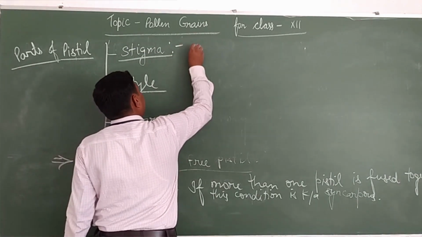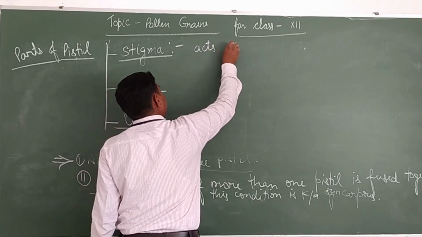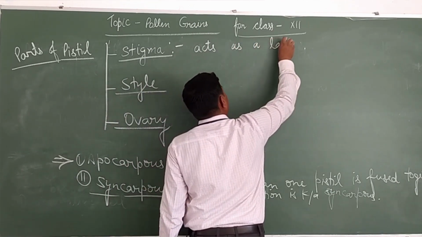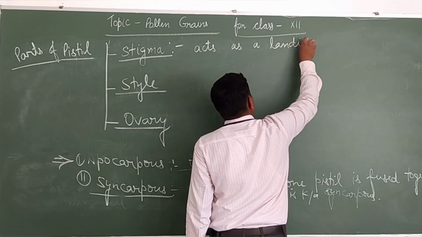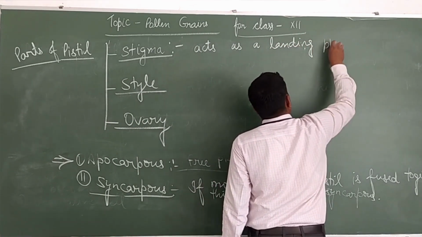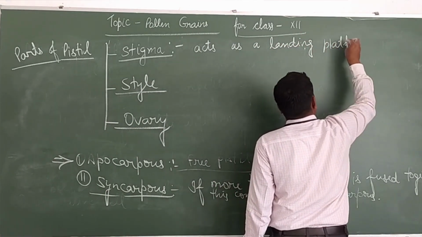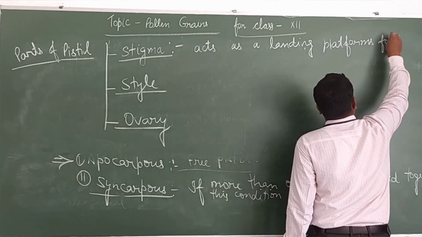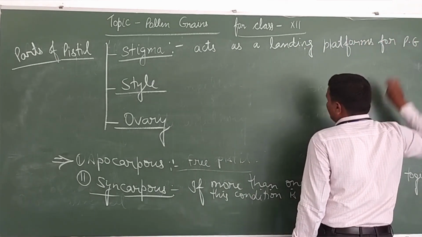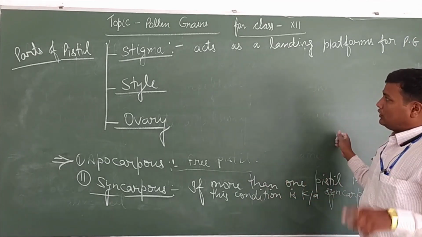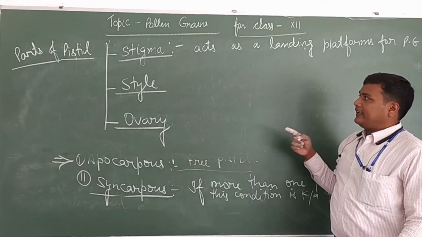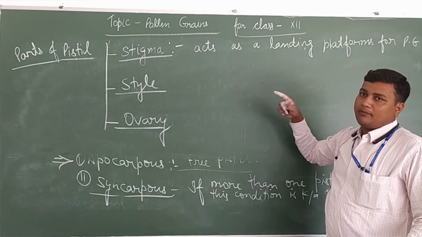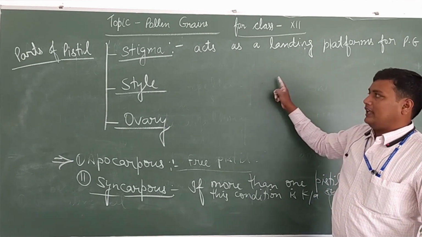Stigma acts as a landing platform for pollen grains. When the pollen grains become mature, they dehisce from the anther. Dehiscence means when they separate, when they are released from the anther.